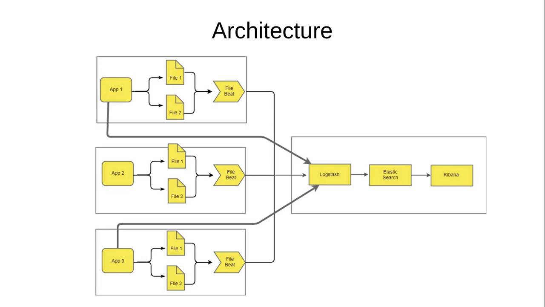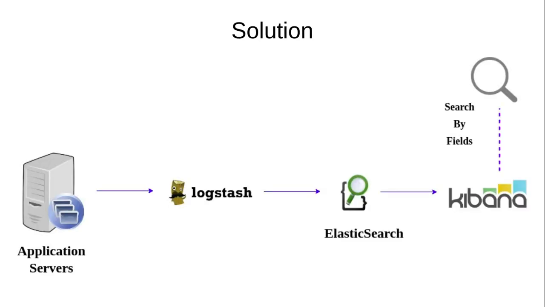I'm going to centralize all log files into one place and analyze them. Here, Filebeat is listening to the log location, and once a log file comes to that location, it will push to Logstash. Logstash is used for indexing and filtering your messages. Logstash basically supports structured and unstructured data, custom logs, syslogs or JSON files.